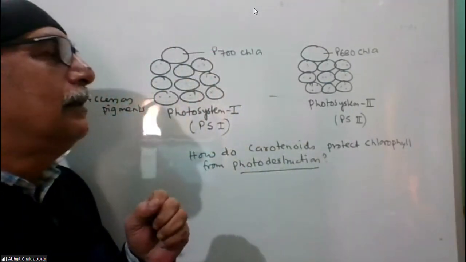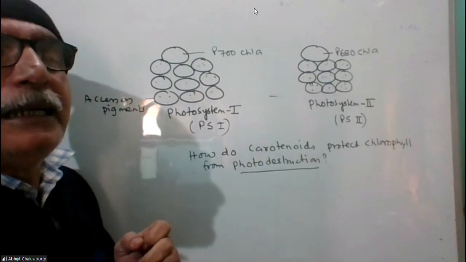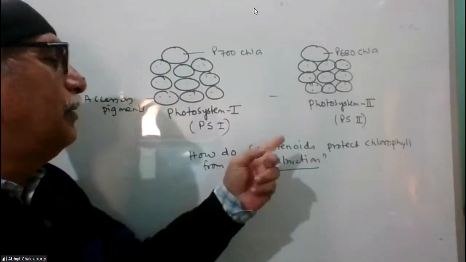Then what happens? Then obviously photosynthetic efficiency or the productivity decreases. So what are these carotenoids doing?